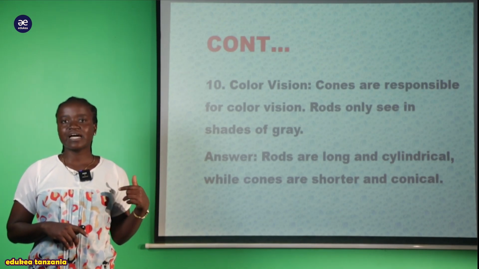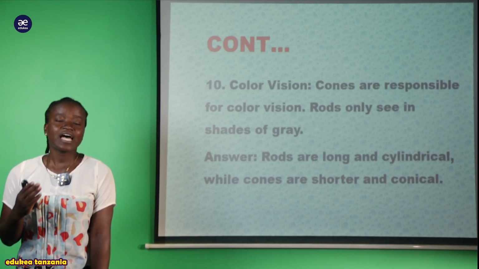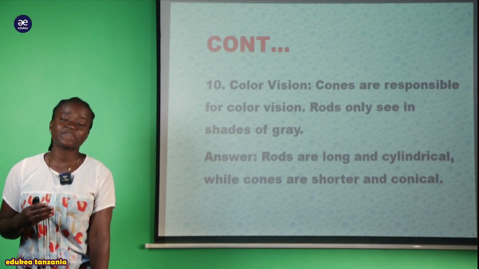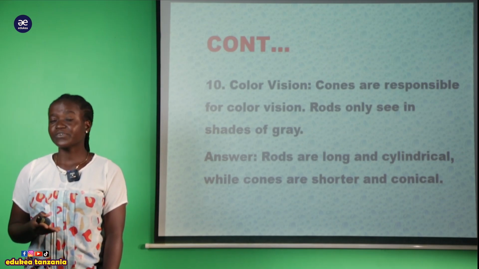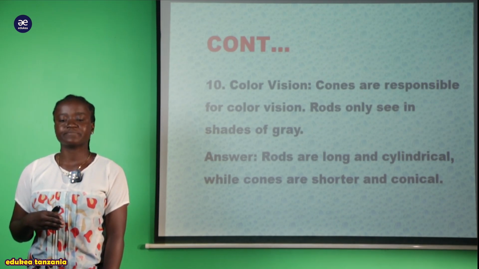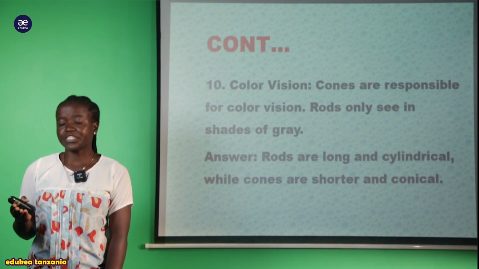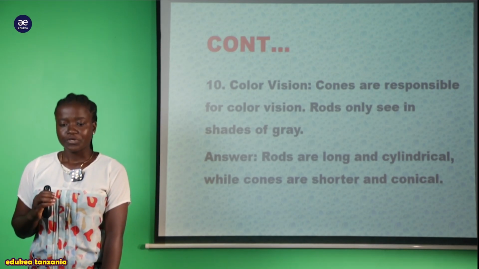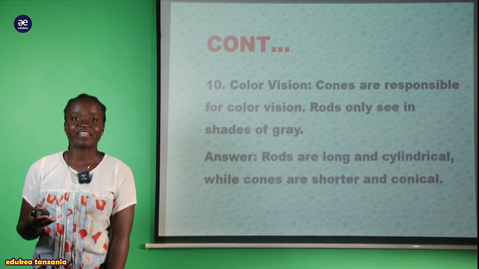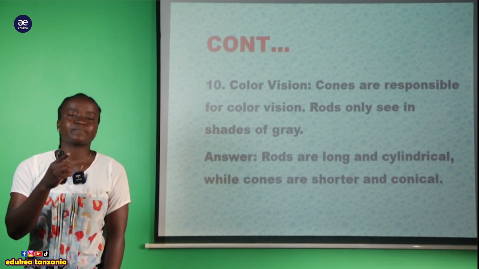So now the rhodopsin, or that pigment which is found within the rod, lacks that ability to discriminate different kinds of colors. And that's why during the night, or during dim light, you cannot even distinguish color. In a dark room, you cannot distinguish a color that is red, that is green, that is blue.